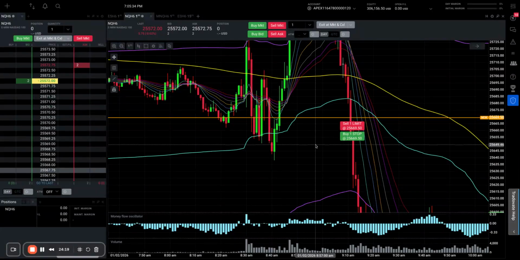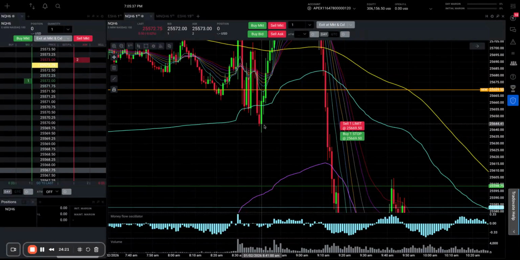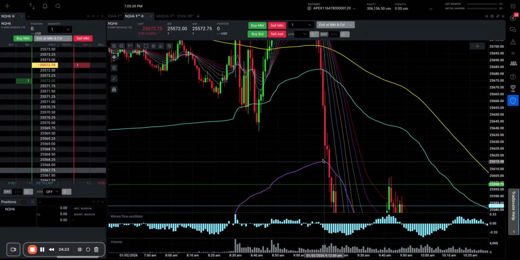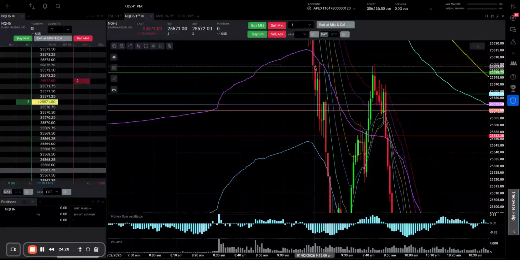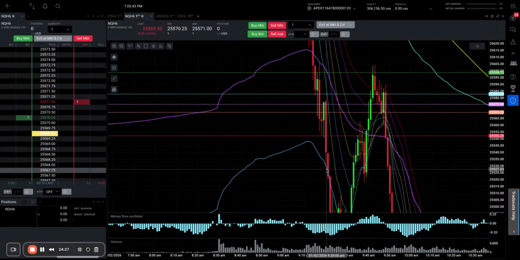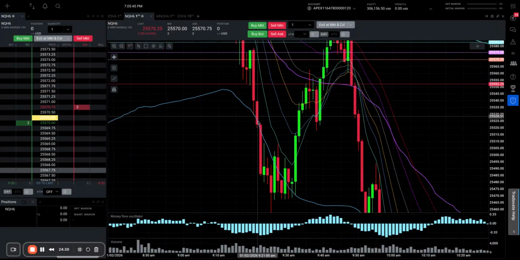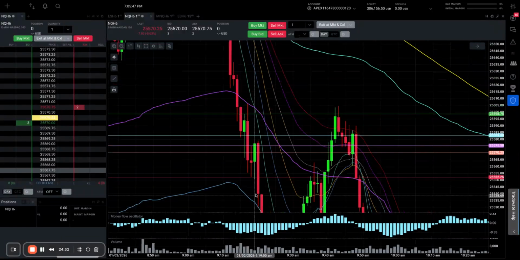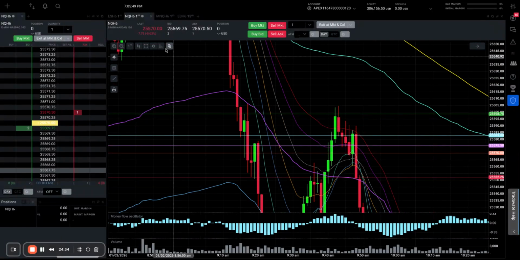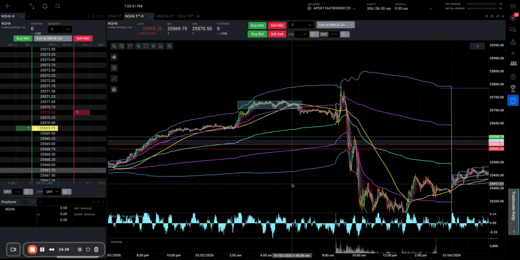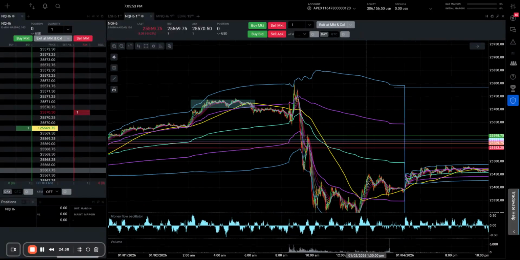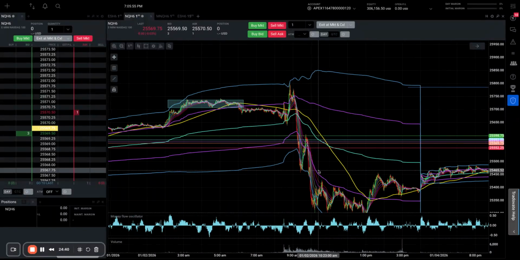Because if it doesn't, then what? It's going to keep magnetizing to here. And then if it can't hold here, boom, rejection, then back to these zones. And you play these zones, zoom, zoom, zoom. That's kind of what I'm looking at when I'm trading these zones.